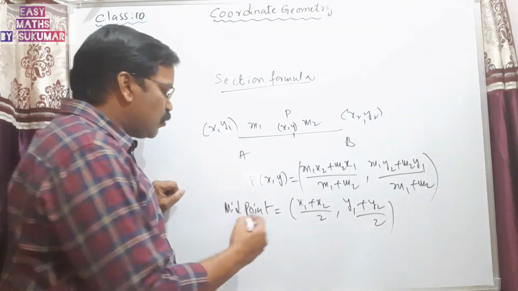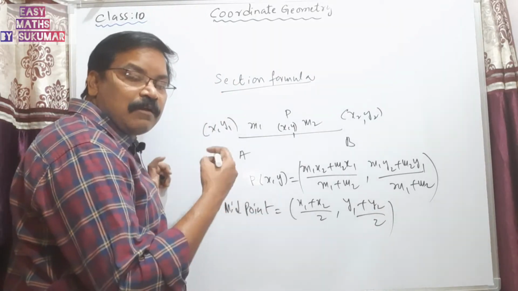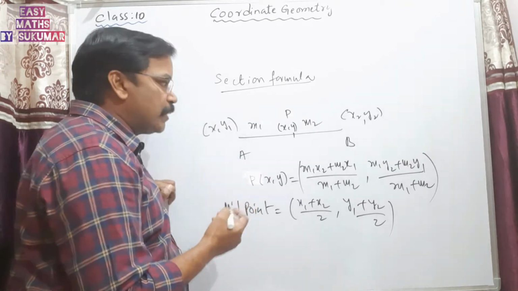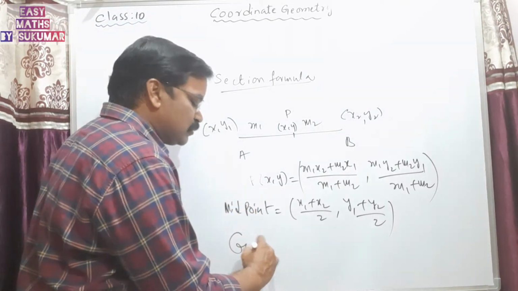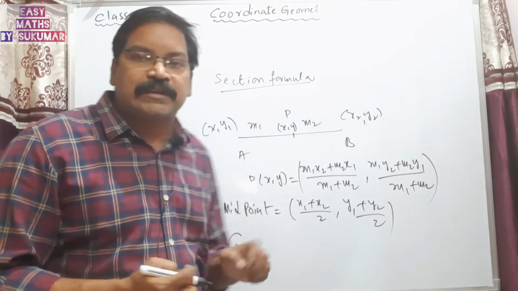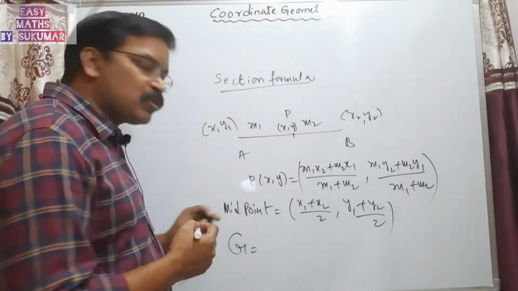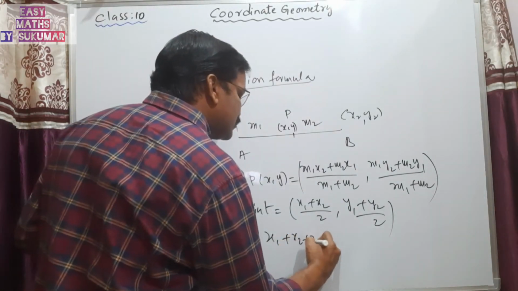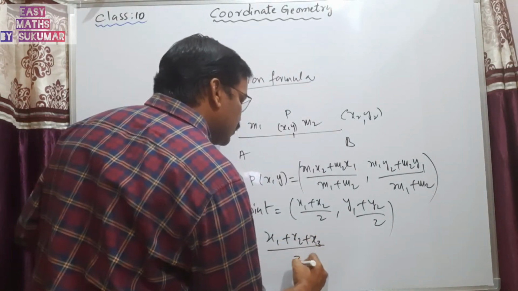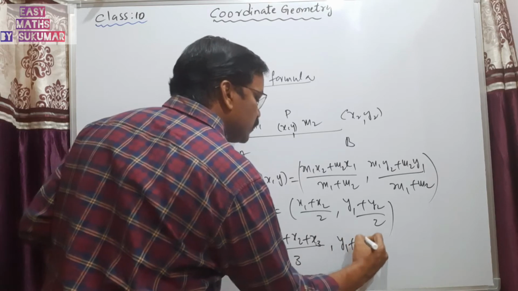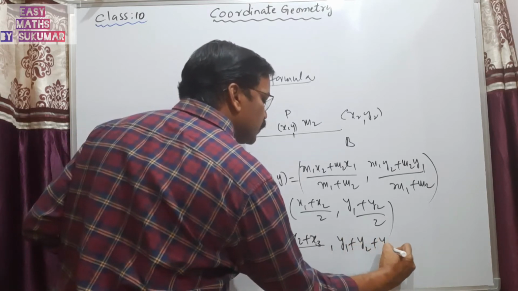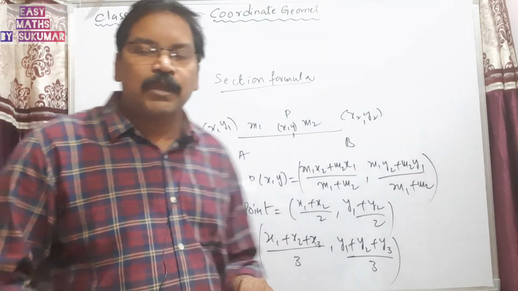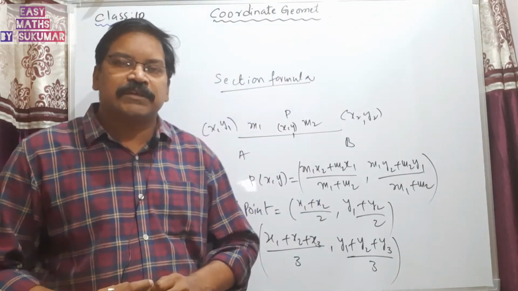We have also learned that when the three vertices of a triangle are given, the centroid G is equal to ((x1 plus x2 plus x3) by 3, (y1 plus y2 plus y3) by 3). This is the centroid of the triangle.